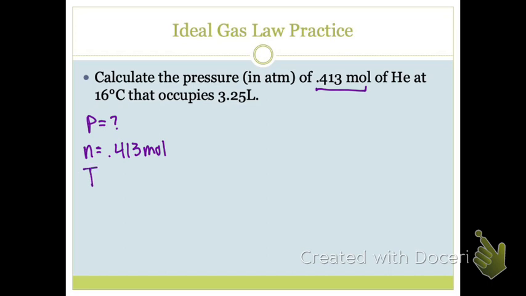Okay, my temperature, can I keep my temperature in Celsius? No, I cannot. So if you don't have your calculator, let's go ahead and grab that calculator out so we can get our temperature value calculated. 16 plus 273 gives me 289. And my volume's 3.25 liters.